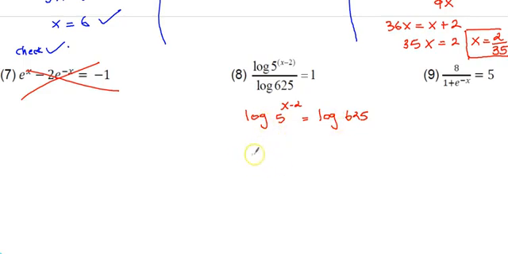They both have the same base, so I can drop the base. 625 is 5 times 5, 25, 25 times 25, so this will be 5 to the 4th. Now we drop the base, drop the log, and we can say x minus 2 is equal to 4, which gives me x is equal to 6.